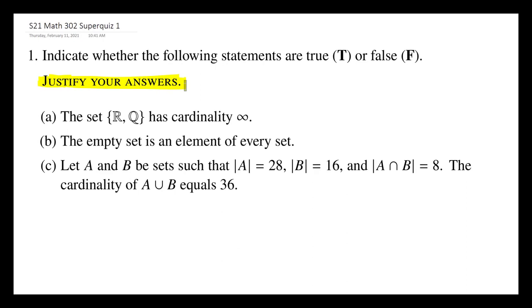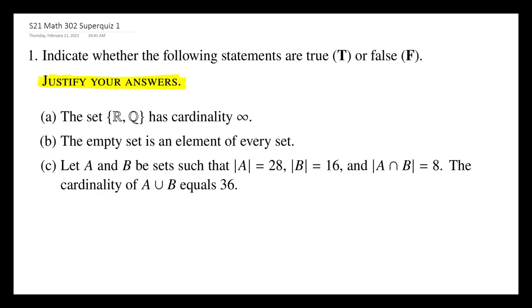The first one is giving us a set, and it contains the real numbers and the rational numbers. I'm saying that a little bit ambiguously so as not to give away the answer immediately, but if we wanted to be very clear as we read this, we should say that this is the set containing as its elements the set of real numbers and the set of rational numbers.